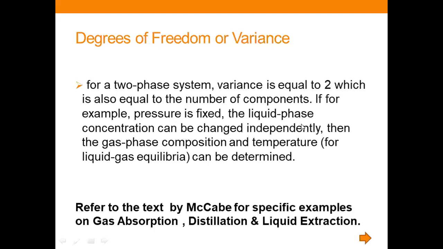Meaning, if I have a problem and I want to modify it for several sets, I fix the pressure and just change the concentration. Then the gas phase composition and temperature can be determined. So it can still be solved if I vary the concentration, and the remaining unknowns in the problem, let's say composition and temperature, could still be determined.